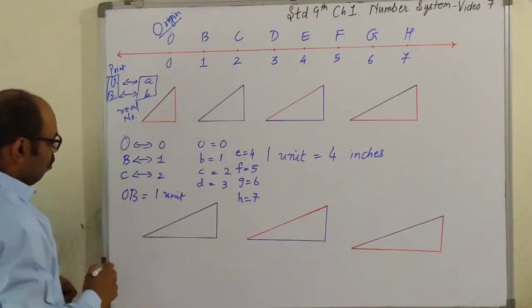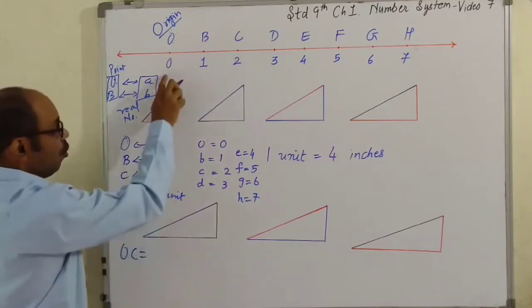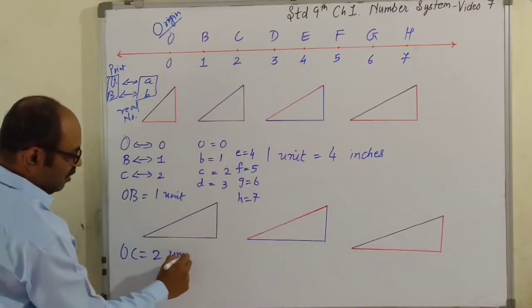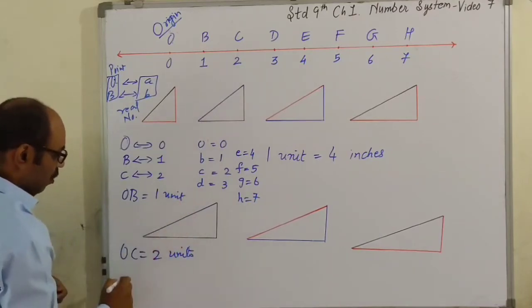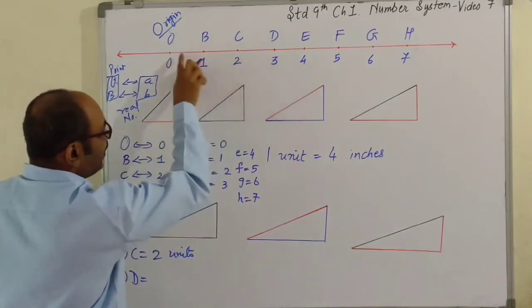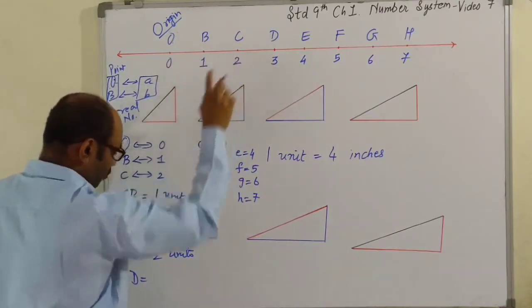Correct. What is OC equal to? How far is C from O? 2 units. What is OD equal to? From O, if you measure, how far is D? 1 unit, 2 unit, 3 units.